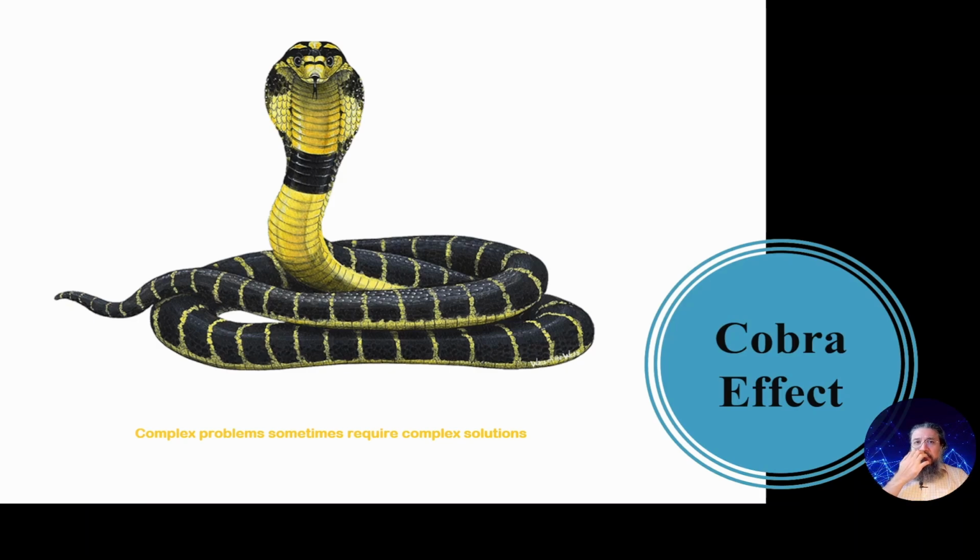I'm not sure if you can consider a snake as a complex system or not. Most definitely you should. Snakes are complex systems, and then we are finding a solution for the interaction of these two complex systems, and we think of the simplest solution we can. What happened is that the population of cobras, in fact, increased in India.